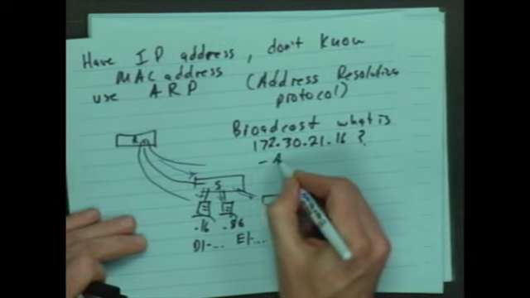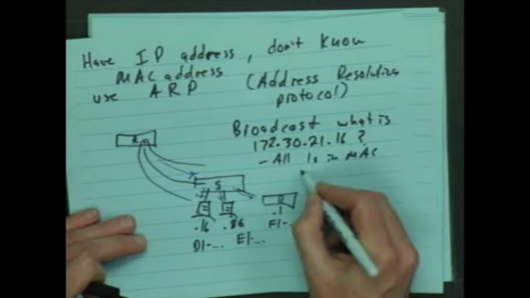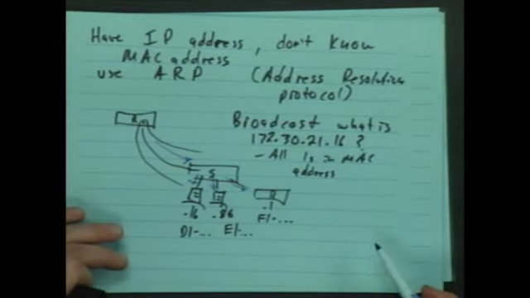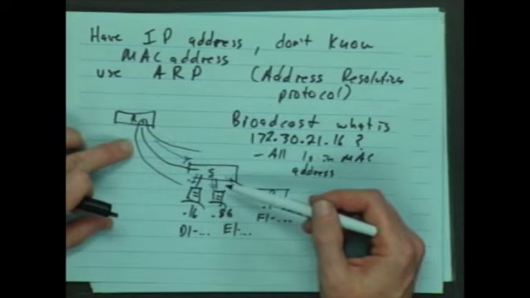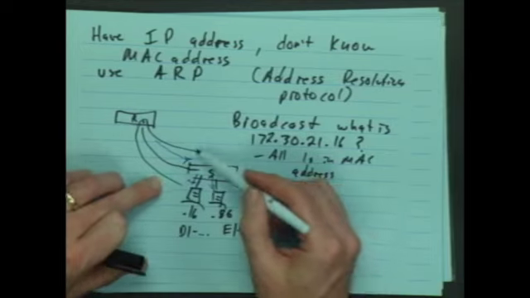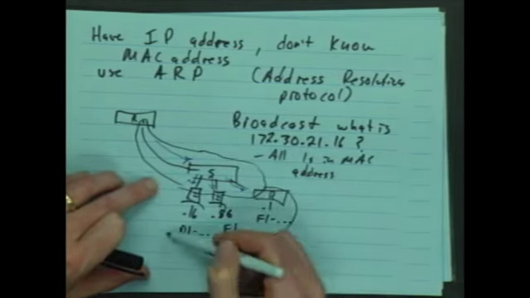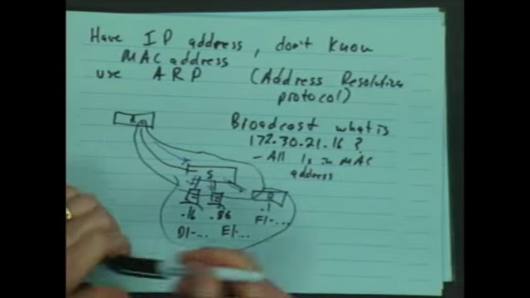In order to do that, we put all ones in a MAC address so we can send out a broadcast frame. The router just puts all ones in the frame destination address. Are we good here? So the destination MAC address on this frame has all ones in it. That means the switch is going to broadcast it to everyone else.